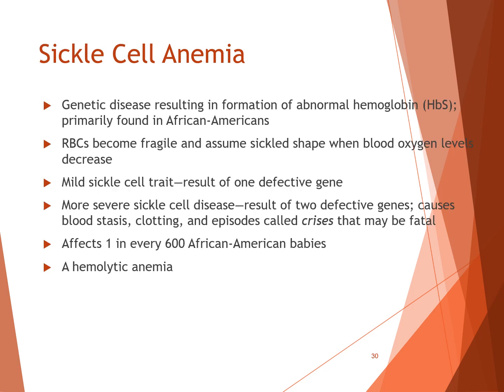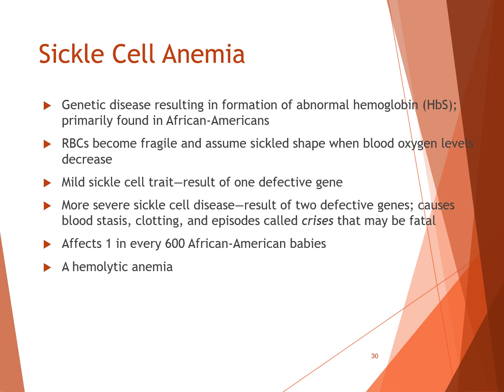Sickle cell anemia is a genetic disease, and it results in the formation of limited amounts of an abnormal type of hemoglobin called sickle hemoglobin, or hemoglobin S. Because of this genetic mutation, there is a substitution for one amino acid on the beta polypeptide chain.